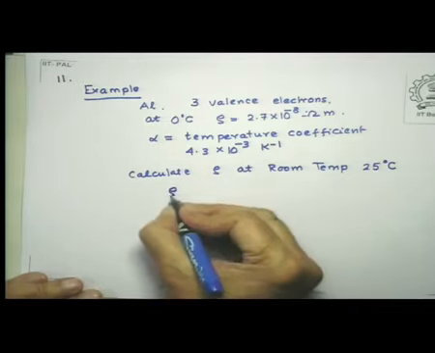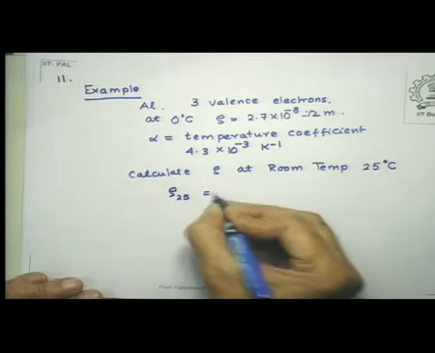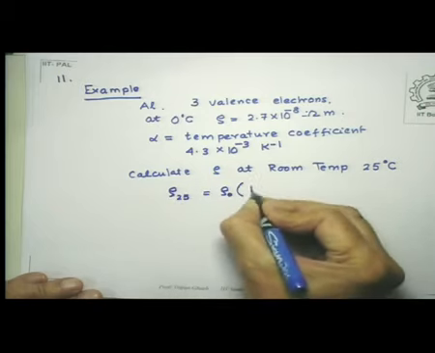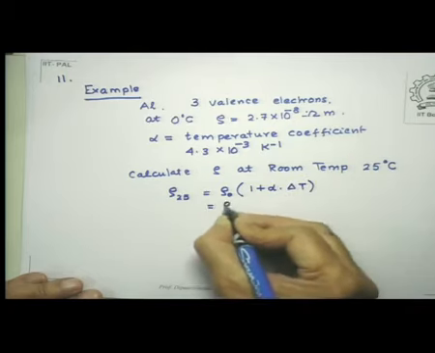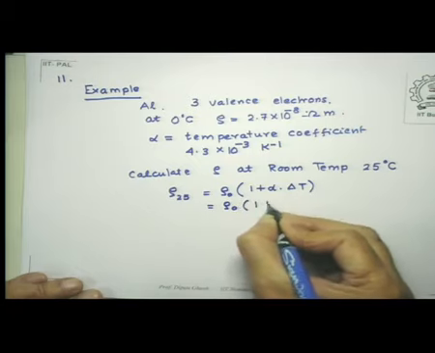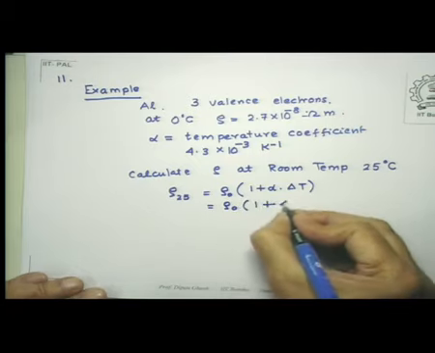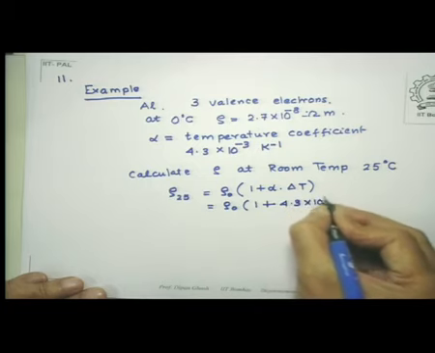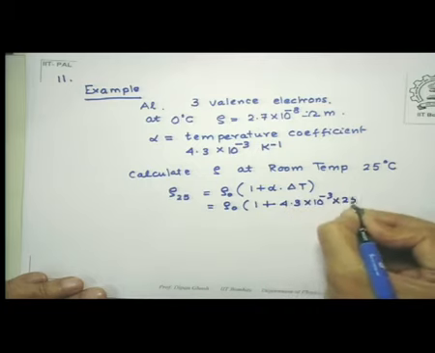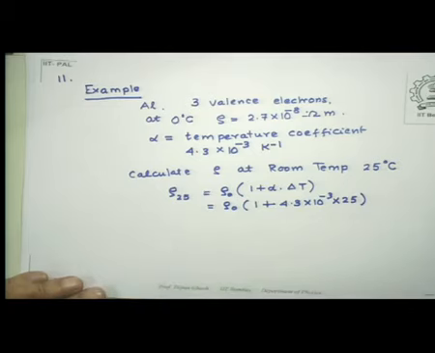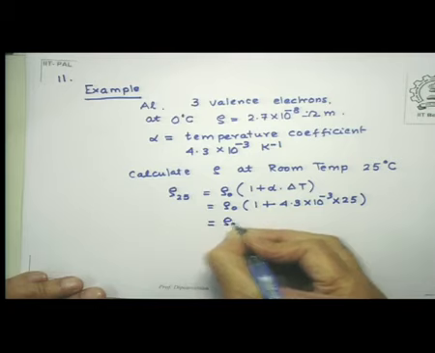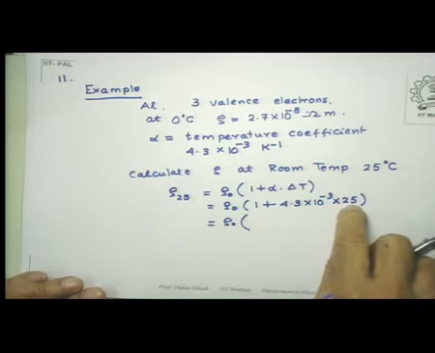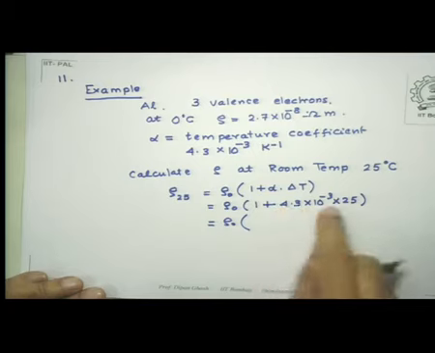So therefore rho at 25 degrees centigrade is rho at 0 degrees into 1 plus alpha times delta T, and delta T is the change in temperature, which is 1 plus 4.3 into 10 to the power minus 3 into 25 degrees. Now you can see what this is. This is rho 0, and this is 25 into 4 roughly, so it's 100 into 10 to the power minus 1.